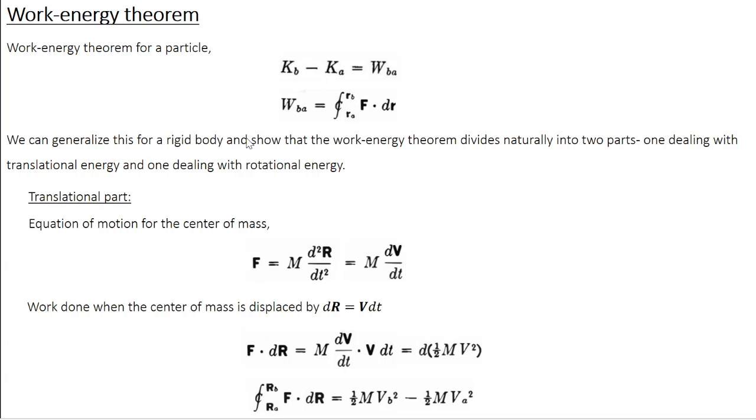Now we can generalize this for a rigid body and show that the work energy theorem divides into two parts, one dealing with the translational energy and the other one dealing with the rotational energy.